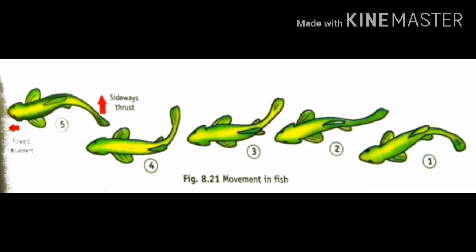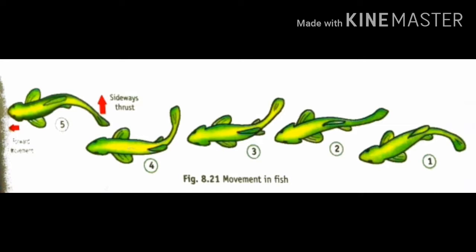The skeleton of fish is covered with strong muscles. During swimming, muscles make the front part of the body curve to one side and the tail part swing towards the opposite side. See, the tail is in one direction and the head is in another direction.